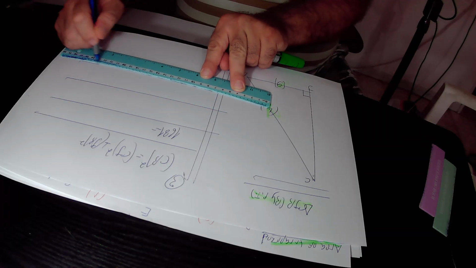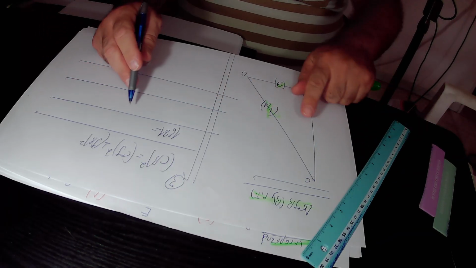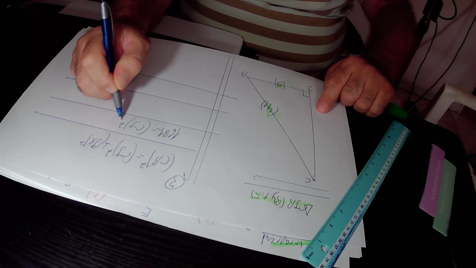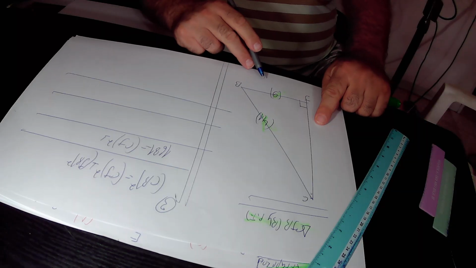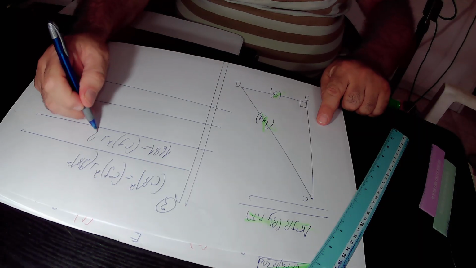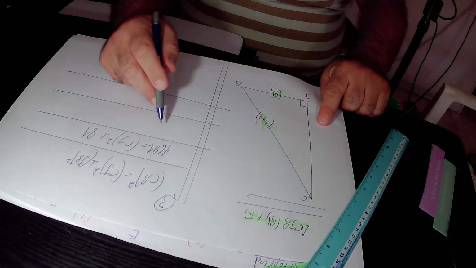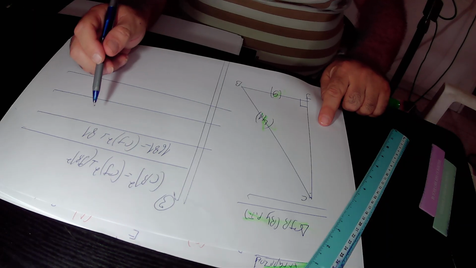And it is equal to CJ squared. CJ is the missing side, so leave it as it is. So it is CJ squared plus JB squared. JB is 9, therefore JB squared is 9 squared, that is 81. So in total we have 1681 equals CJ squared plus 81.